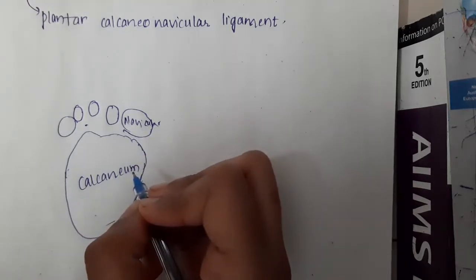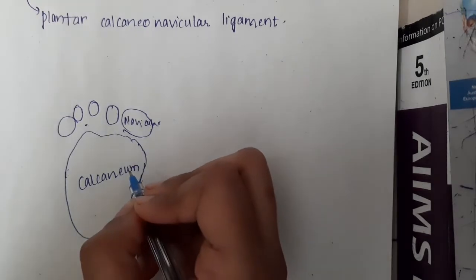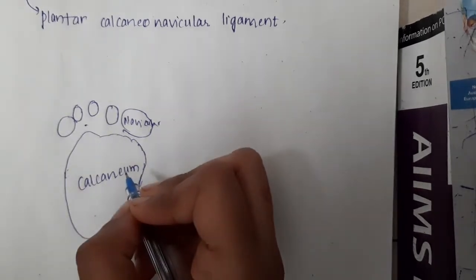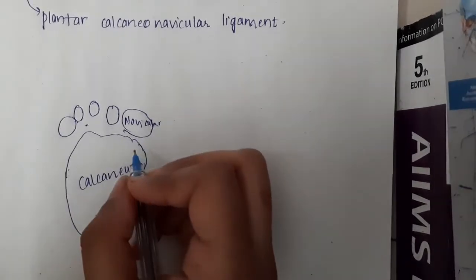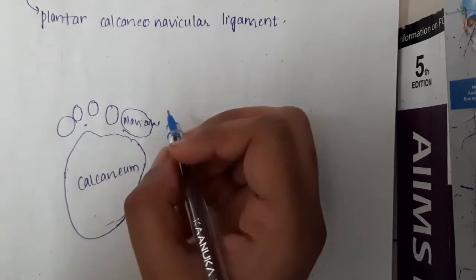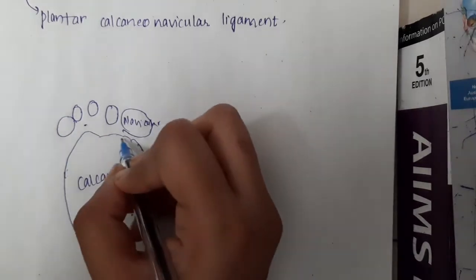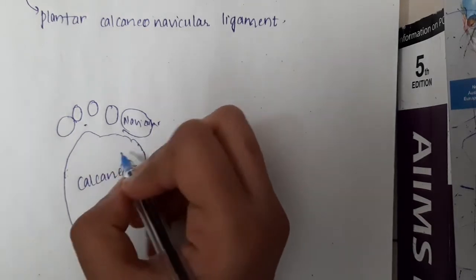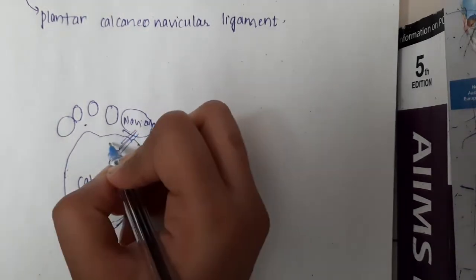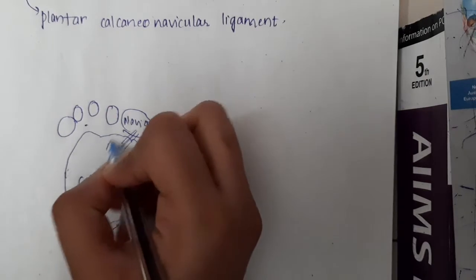This consists of mainly three different types of ligaments: the superomedial ligament, the medial plantar oblique or intermediate calcaneonavicular ligament, and the lateral calcaneonavicular ligament.